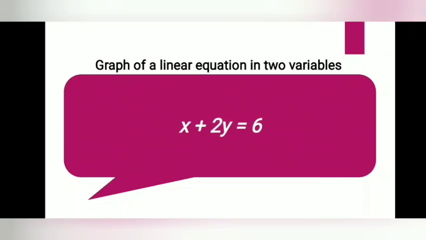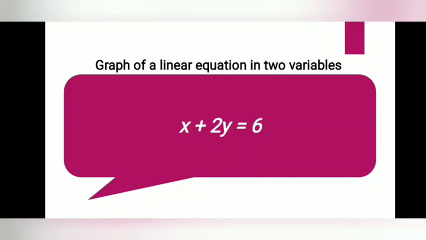Now regarding the graph, you have to put values into the equation. You have to plot the equation points. That means from an equation you have to take out the values of x and y, means two variables.